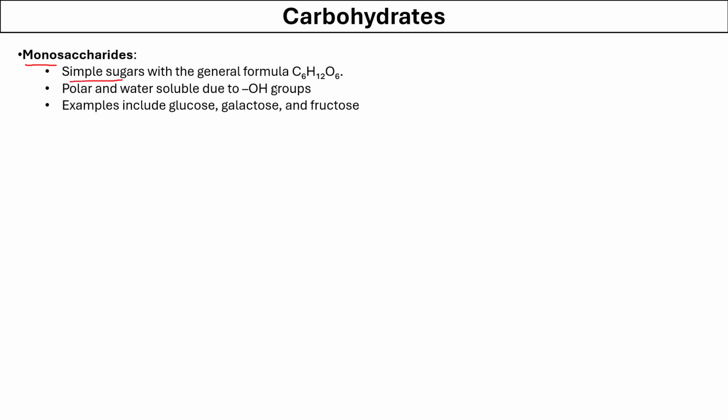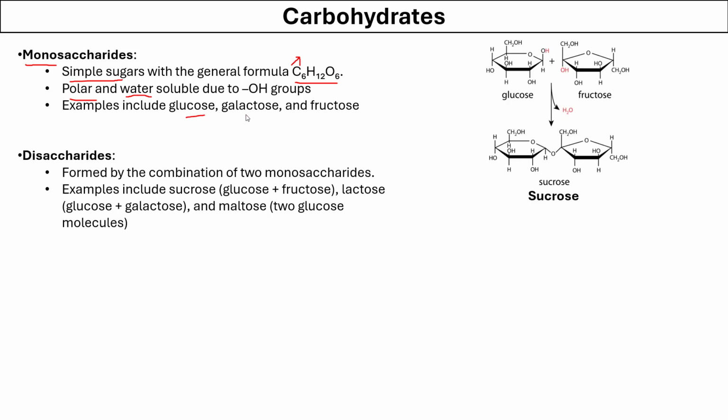They are called simple sugars, and their general formula is one atom of carbon, two atoms of hydrogen, and one atom of oxygen in multiples. These sugars are polar. You must have seen that the glucose you have in your kitchen can dissolve in water. Common examples are glucose, galactose, and fructose.